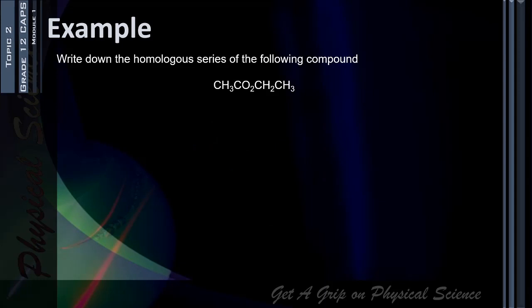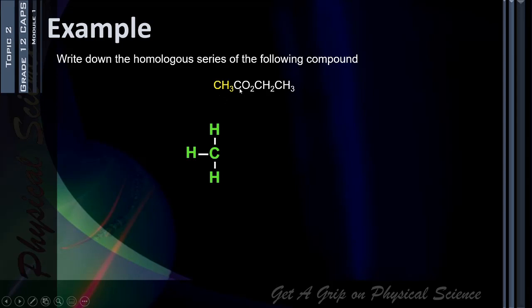We end this module with this last molecule, and because it's in a condensed formula, we first draw the structure of this formula again. So the first carbon bonded to 3 hydrogens, then we have a carbon bonded to 2 oxygens.